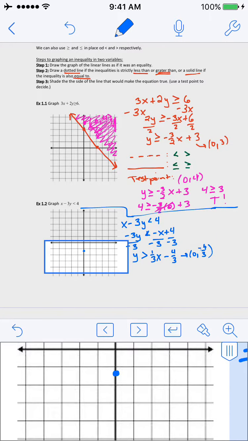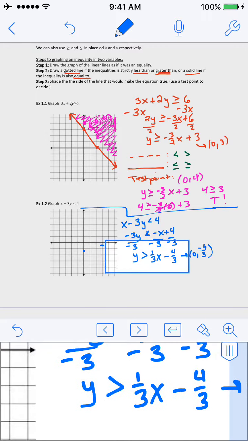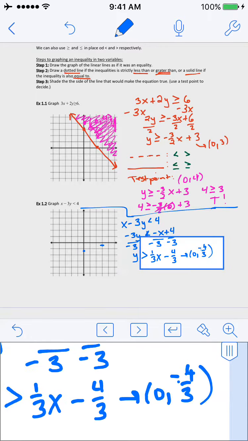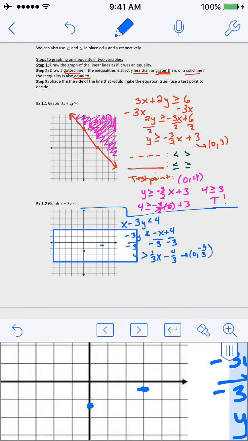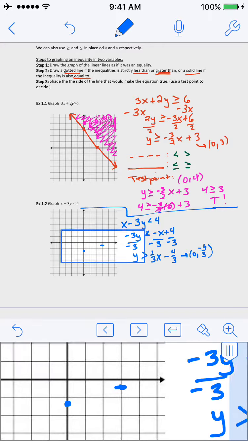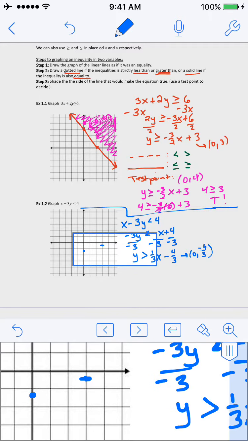So up 1 back to a third and over 3 to right there. And I want to pause before I draw my line. So I've graphed this like it was equal, right? So it started at negative 4/3 and then I went up 1, which gets me almost back to 0, but not quite. I still have another third to go. And then over 3.